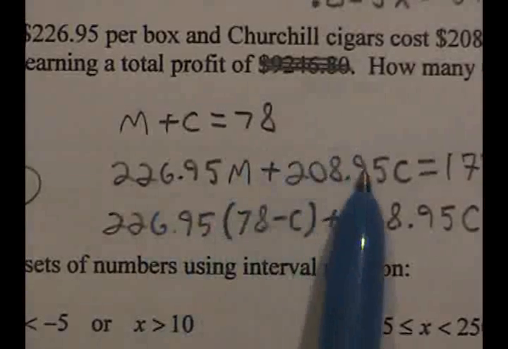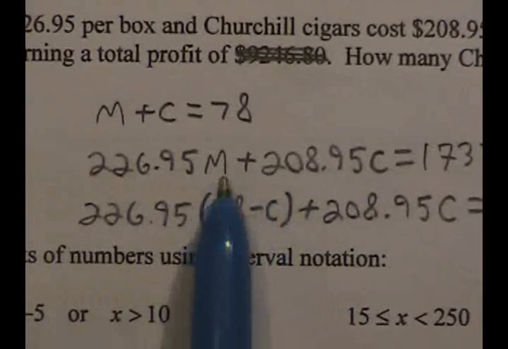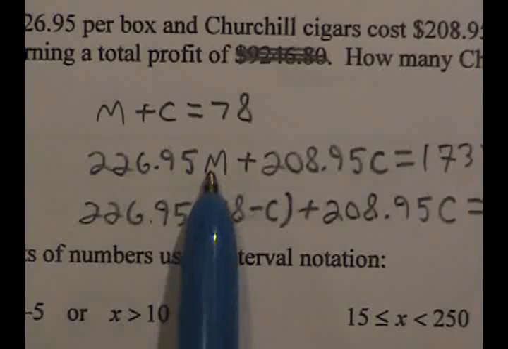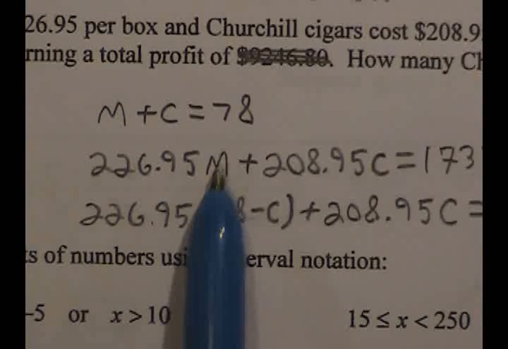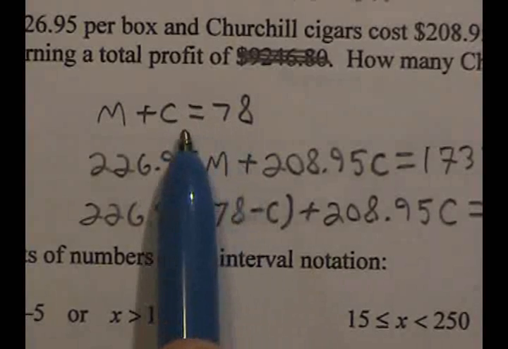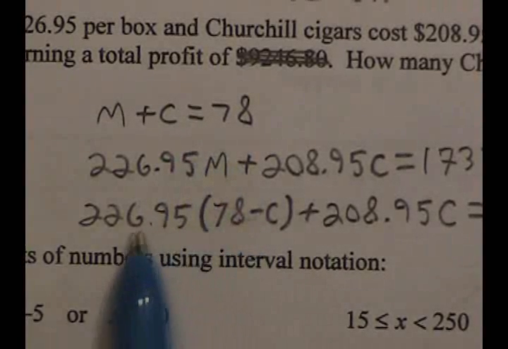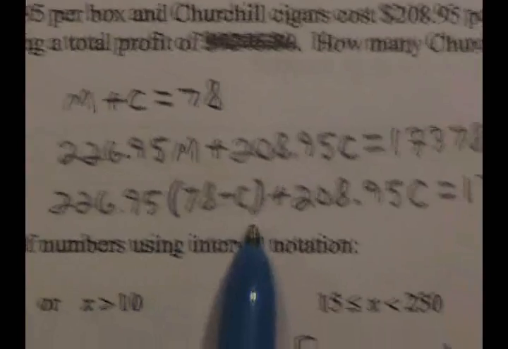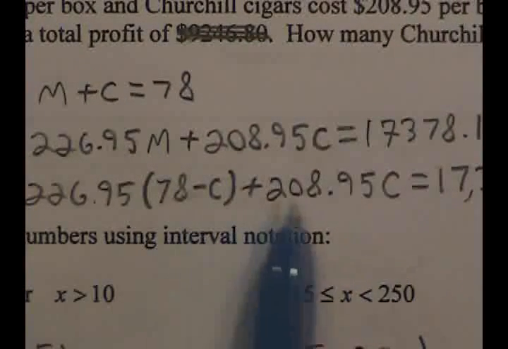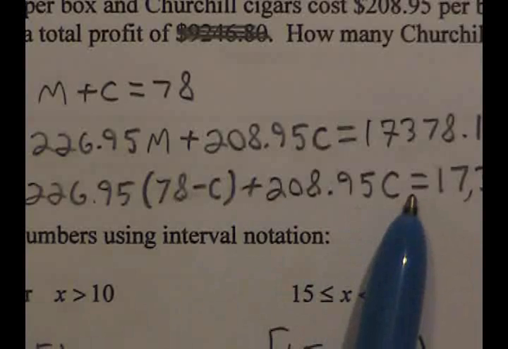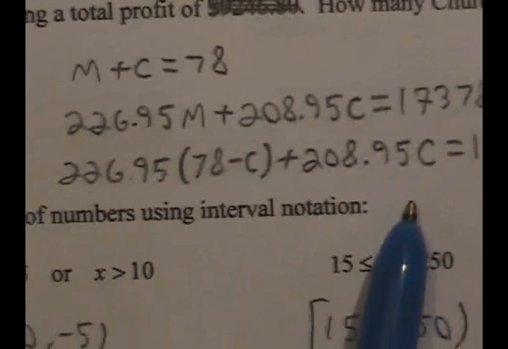So it's these two. Now if you take this and you replace the m, you want to get it in terms of one variable so you can solve it. So replace m with 78 minus c. So you get 226 times. Now it makes sense that the two amounts should complement each other because that's the number of cigar boxes that were sold.